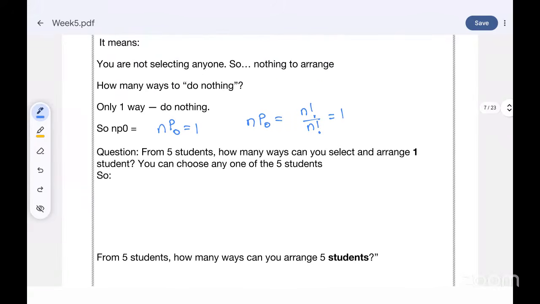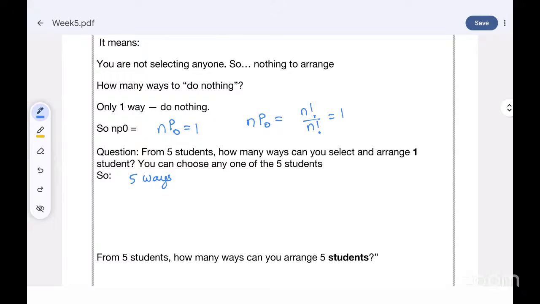From 5 students, how many ways can you select and arrange one student? You can choose any one of the 5 students, so 5 ways. How does it match with your formula? What is your n? 5.